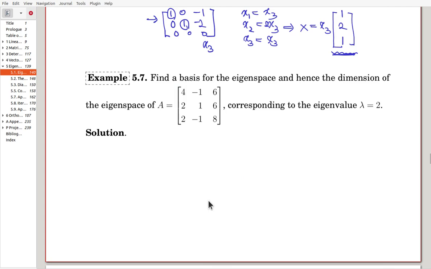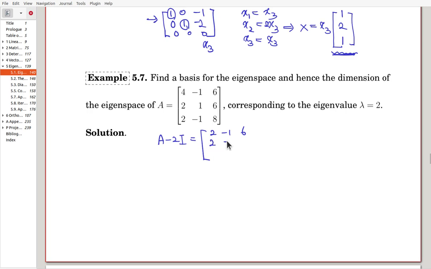Find a basis for the eigenspace, and hence the dimension of the eigenspace of A corresponding to the eigenvalue 2. Let's do it again. We have to find the null space of A minus 2I. That one is subtract 2 along the diagonal, then 2, minus 1, 6.